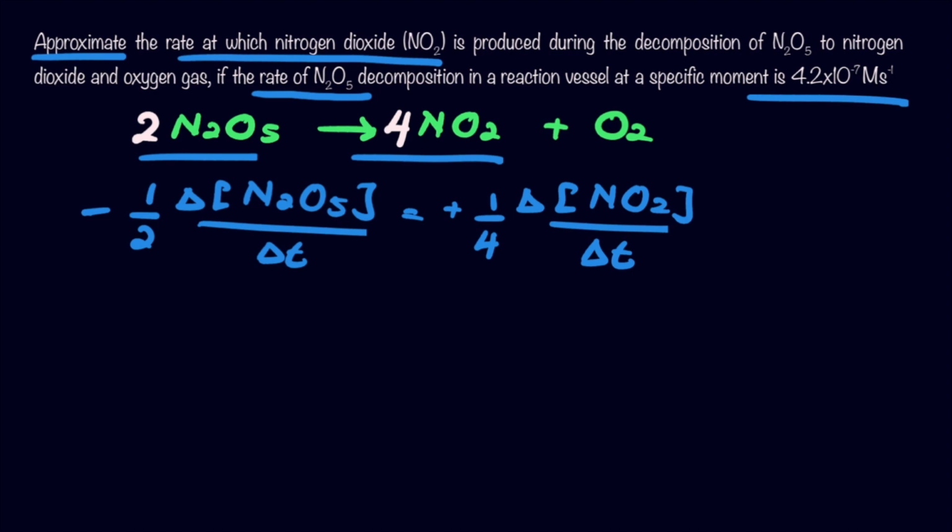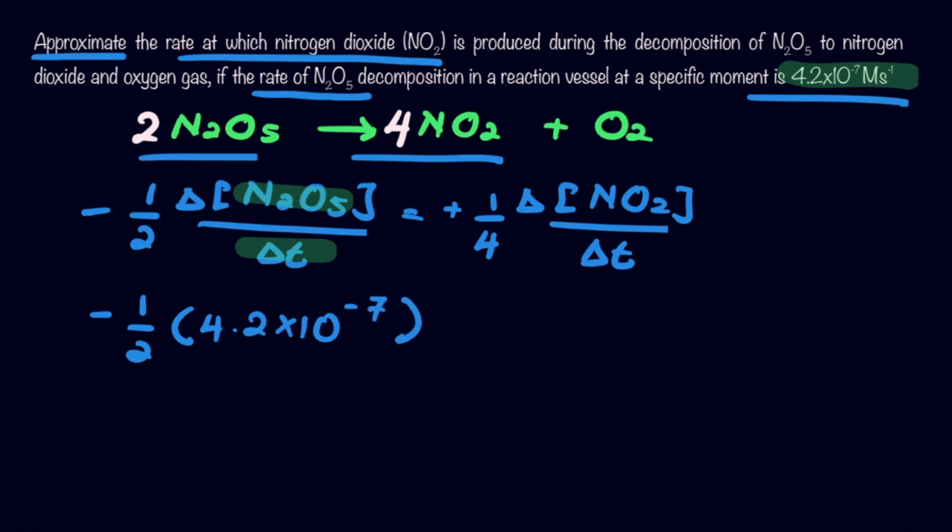Alright, so in this question, it is given that the rate of N2O5 decomposition is equivalent to 4.2 times 10 to the power of negative 7. Therefore, the value here is equivalent to this, so I'm just going to plug in the value. So negative 1/2 times 4.2 times 10 to the power of negative 7 is equivalent to 1/4 delta concentration of NO2 over delta t.